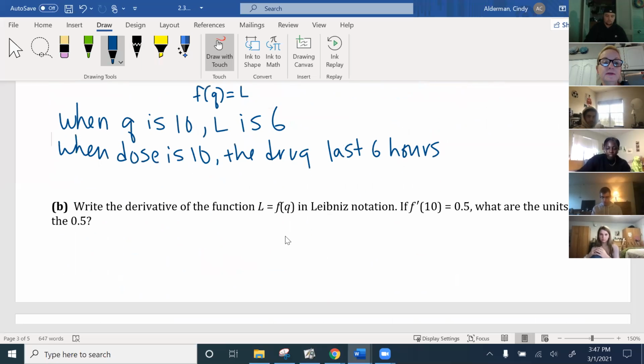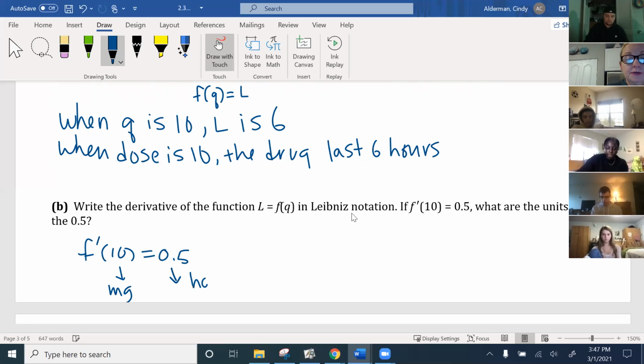Okay, now we're going to write the derivative in Leibniz notation. So first I'll write it in time. If you've got f prime of 10, that's going to give you 0.5. So this is milligrams, and this is a rate. So this is going to be hours per milligram.